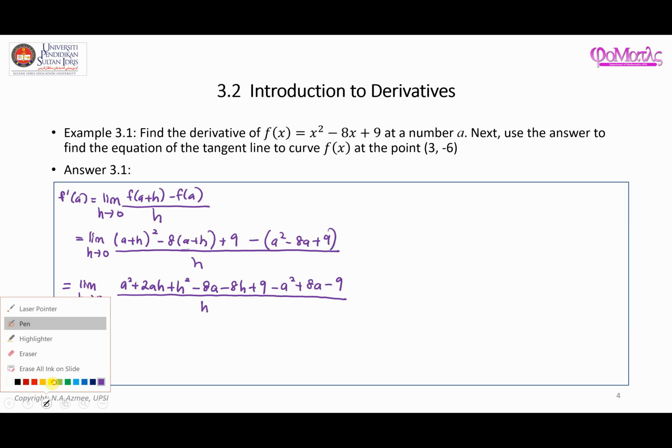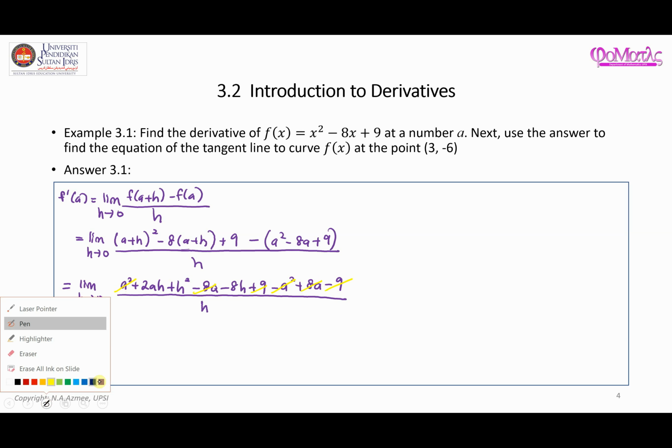Next, we can continue trying to simplify the expression here by cancelling the similar items, with positive and negative signs. So for example here, this is negative a squared, this is positive a squared, can be cancelled out, and this one negative 8a with positive 8a, positive 9 and negative 9.